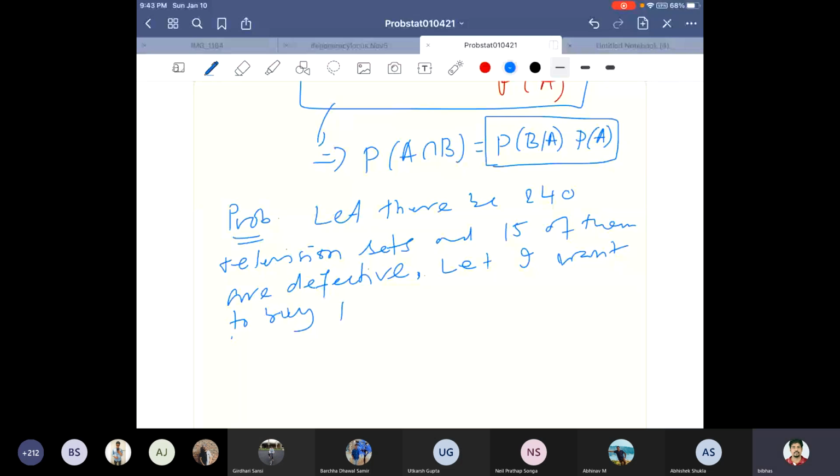I buy two television sets. The question is, what is the probability that both are defective?